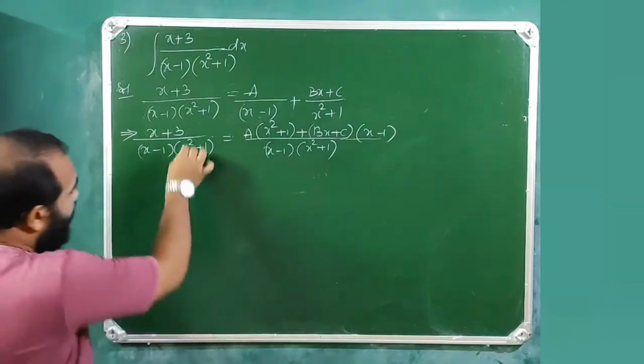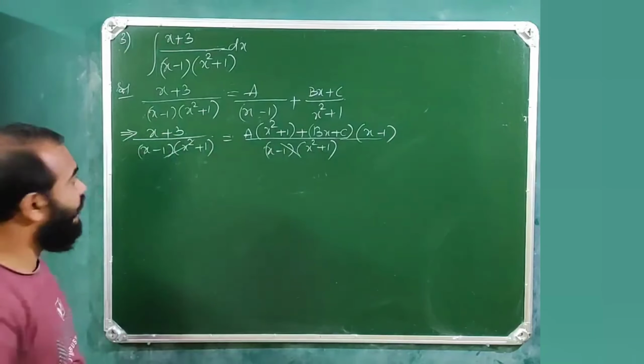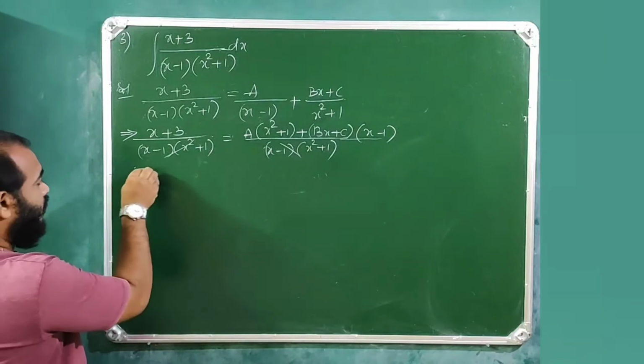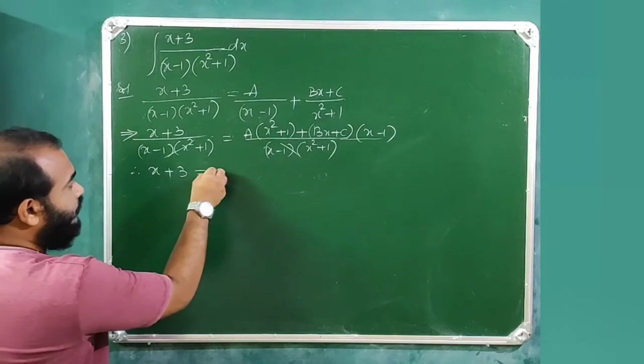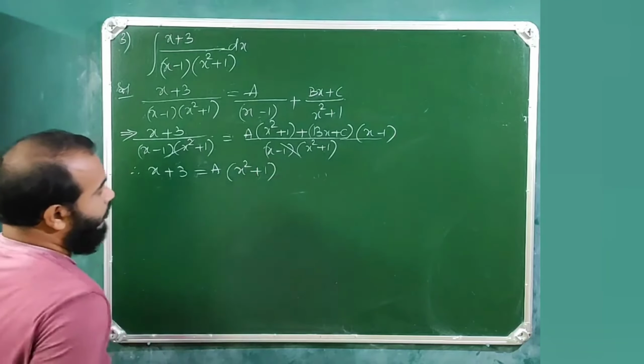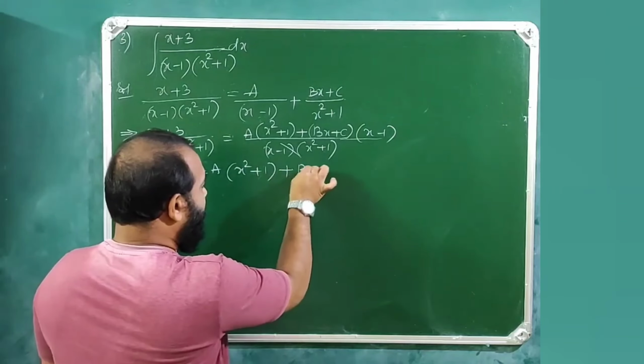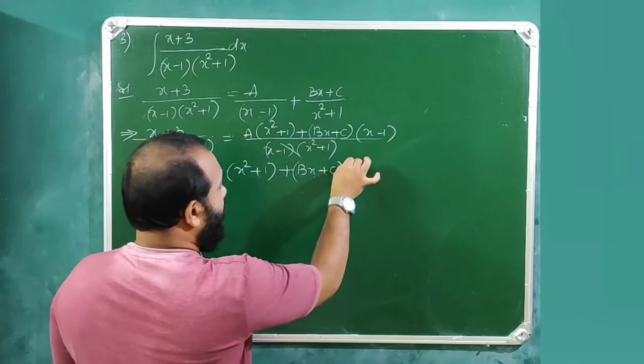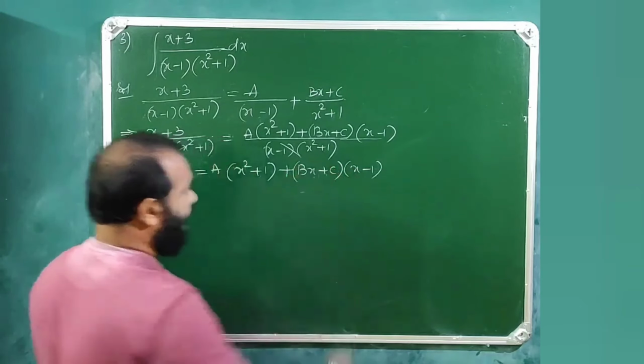LCM I have taken. This on both sides gets cancelled. So therefore, x plus 3 is equal to a into x square plus 1 plus bx plus c into x minus 1.